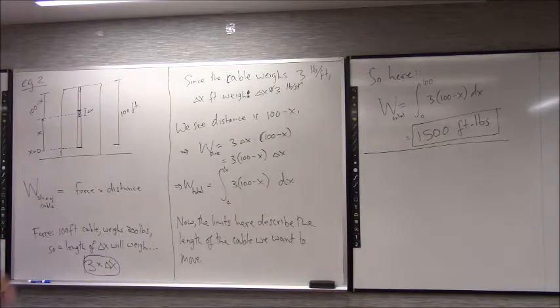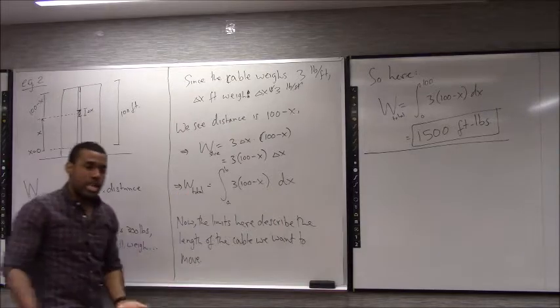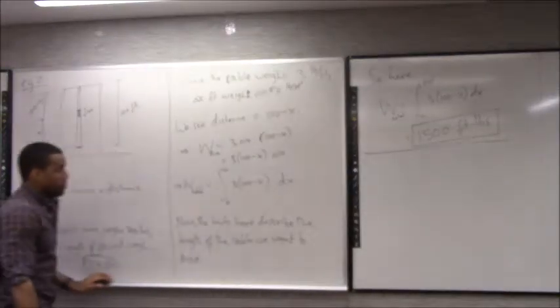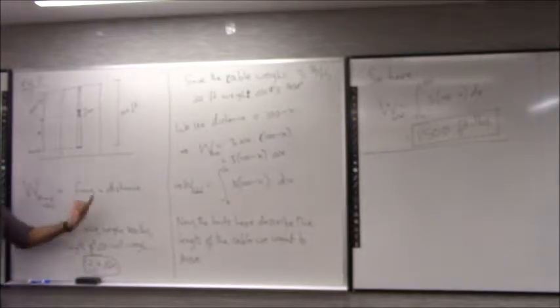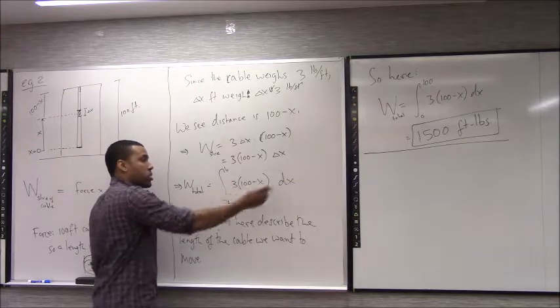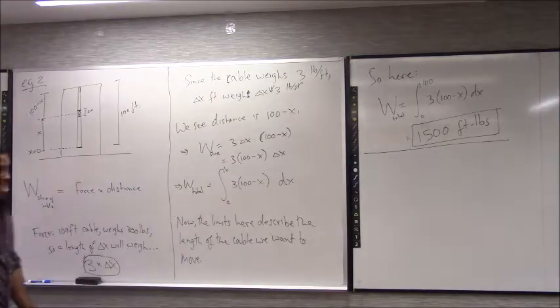This is sort of the way we do it. We basically cut it up into a bunch of little pieces of length delta x and figure out what is the work to move that one thing, and integration comes in to add them all up. So we figure out the force times distance for one of them and add it up with an integral. And you can even think of this as the force that you're applying to that thing, is the integral force.